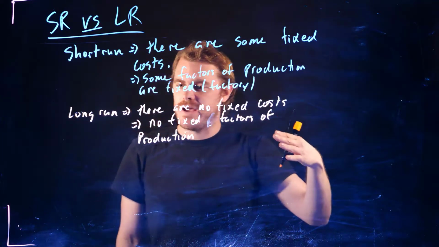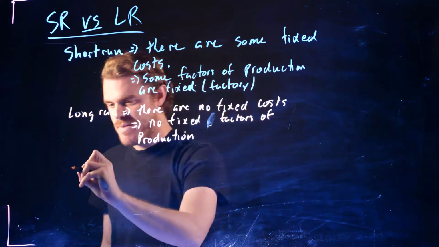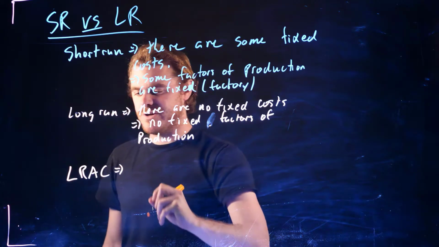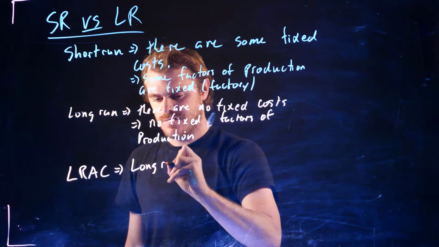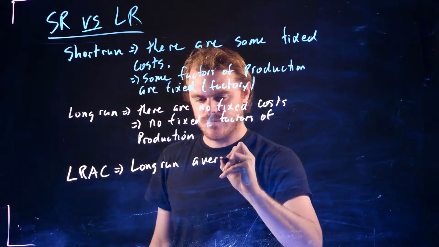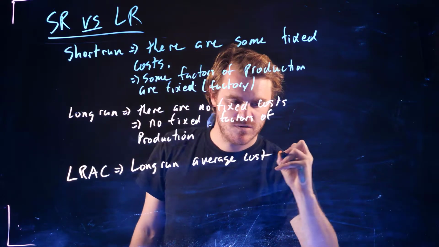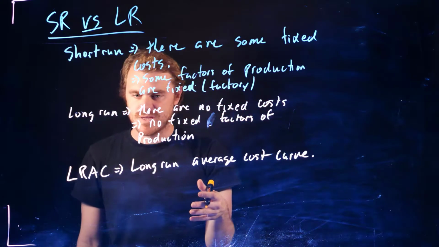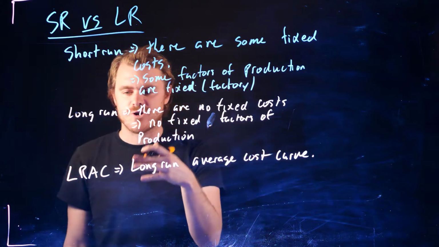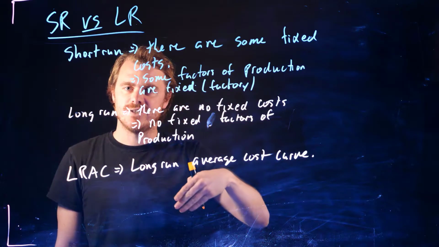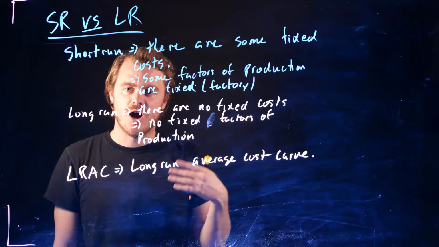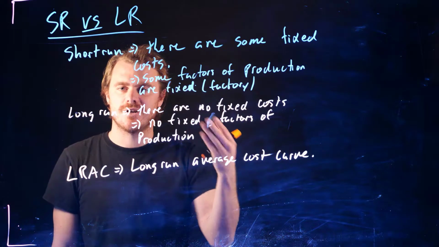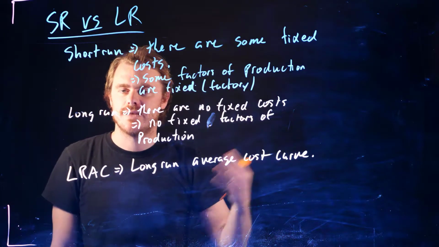When we think about the long run, if you remember from one of the first modules, we talked about the long run average cost curve. We talked about this in the context of trade and gains from trade, and how there's learning by doing and economies of scale if you start to specialize in the production of goods, so you may realize more gains than we originally thought.